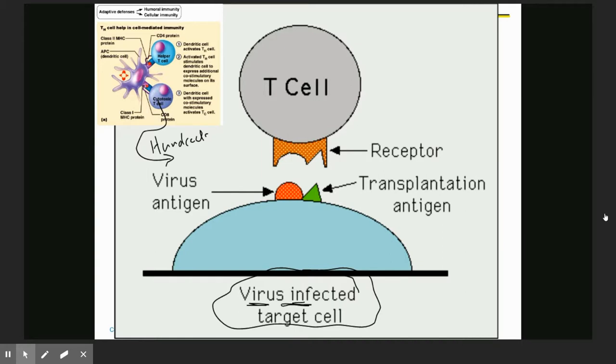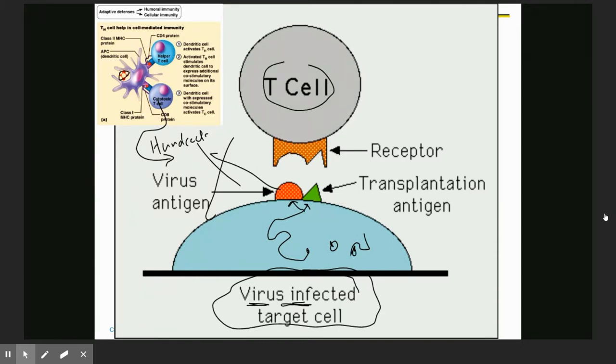So what it did is, the virus that's in here, remember, it's going to take little pieces of it, process it alongside its MHC, and put it on its surface. And look, again, it's like painting a big red X on the door. That antigen is the one this T cell was activated for, and so it fits.